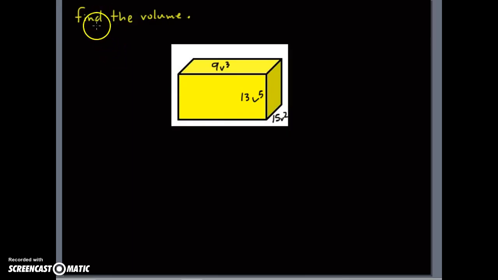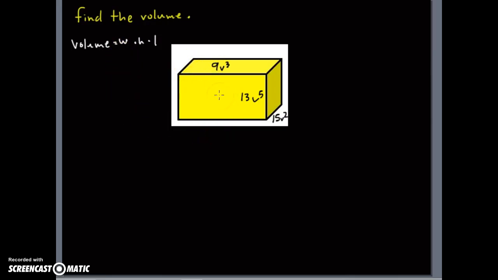Okay, so now it's asking us to find the volume, not the area anymore. We've got a 3D figure. So the volume of a rectangular prism, and I'll go ahead and give you this, is the length, or the width, times the height, times the length, really in any order because they're all being multiplied.